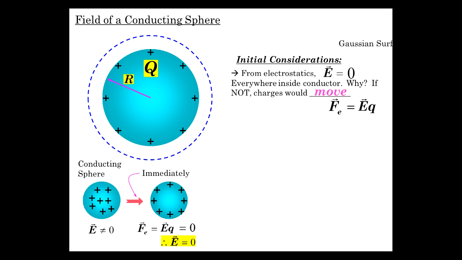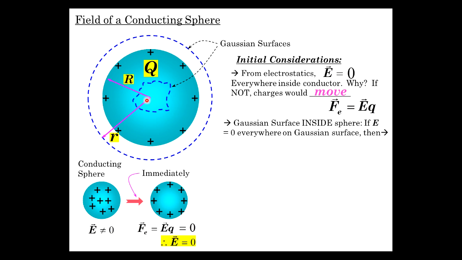So in our big conductor here, we had the charge Q, and we saw how it moved out to the outer edge. Now we're putting a Gaussian surface around the entire thing. Remember, the Gaussian surface is a mathematical surface that is there for our analysis, which we are subsequently going to do. So little r is the radius to the Gaussian surface.